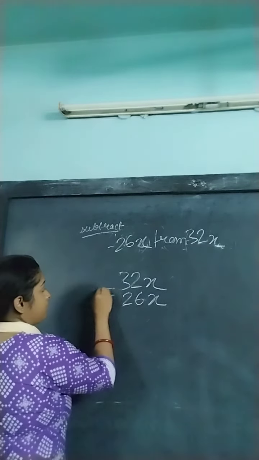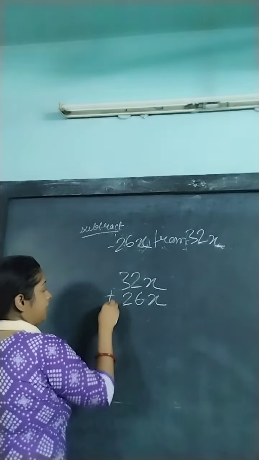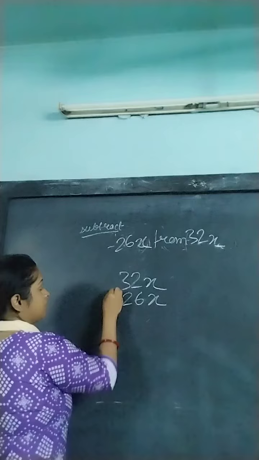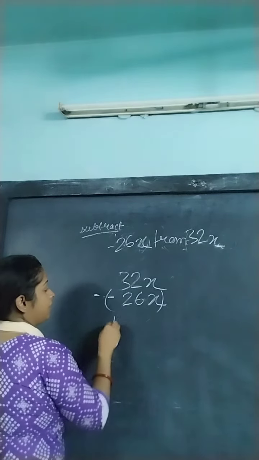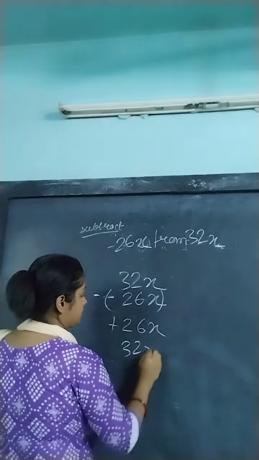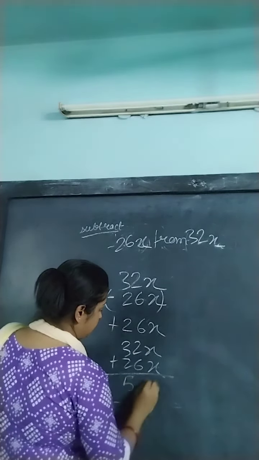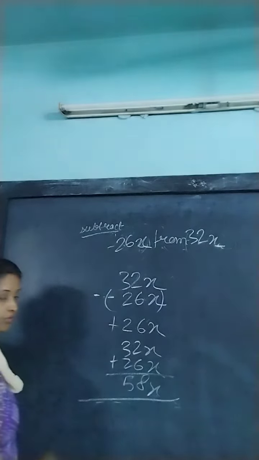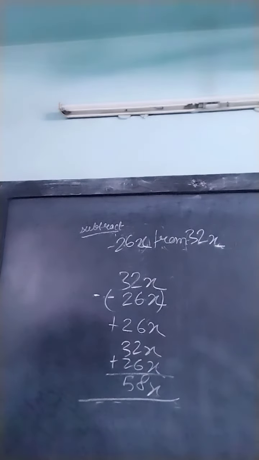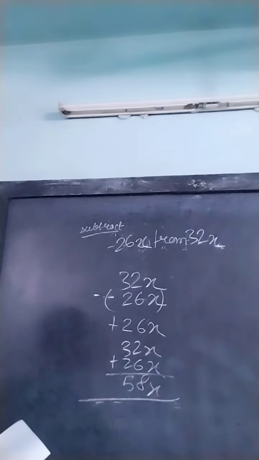You have to subtract minus 26x means 26x will be added. Minus of minus will become add 26x. So 32x plus 26x will give you 58x. In this way you have to carry on the minus. I hope you have understood the thing that I am trying to tell you.